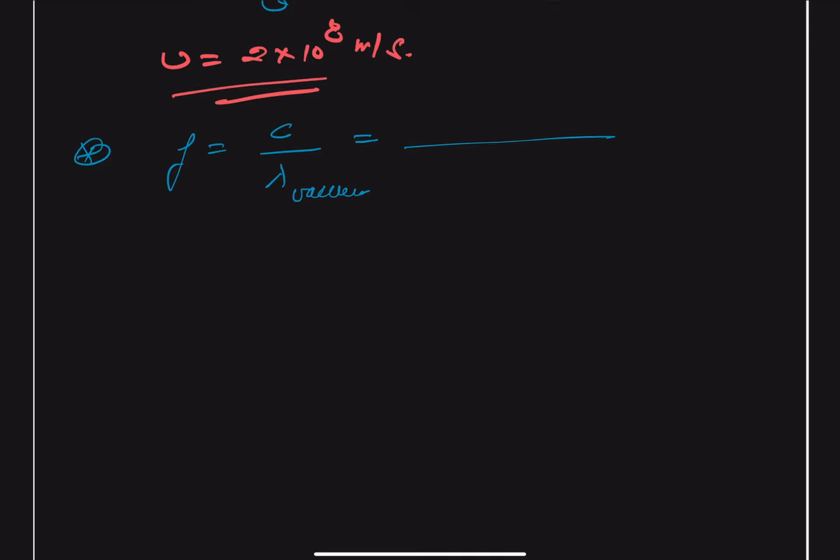So we have c is 10 to the power 8 and lambda is 6000 into 10 to the power minus 10. So this gives us that the frequency will be equal to 5 into 10 to the power 14 hertz. So this is the frequency.